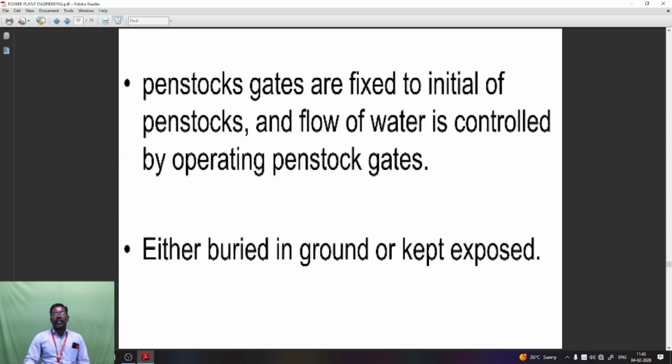Penstock gates are fixed to the initial part of penstocks and flow of water is controlled by operating penstock gates, either buried in ground or kept exposed.